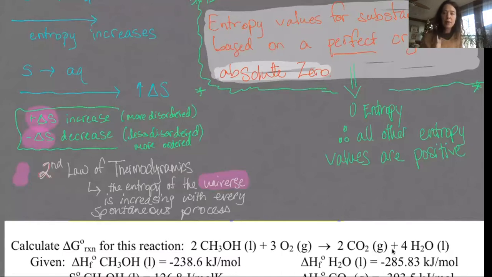But the system is not the only factor here. The surroundings are also a factor. So the second law of thermodynamics is for the universe. We will be using the system. And for a system, we will be using delta G to determine whether or not it is spontaneous. And we will see that entropy is a big factor there, but not the only factor.